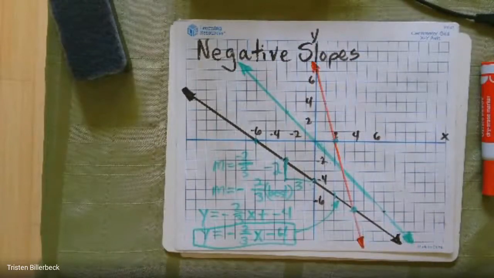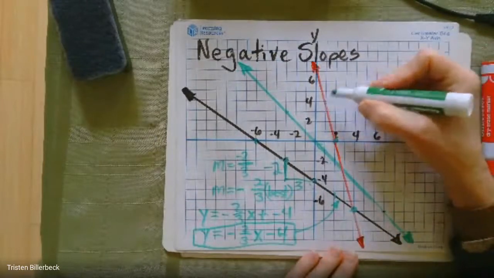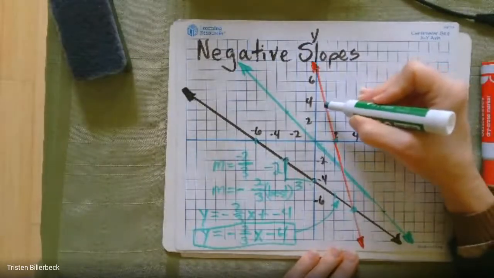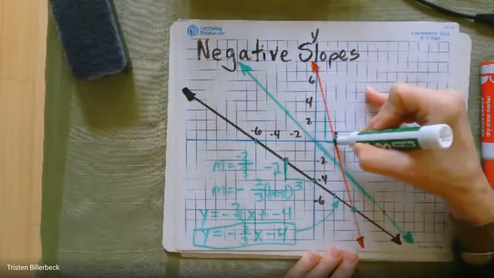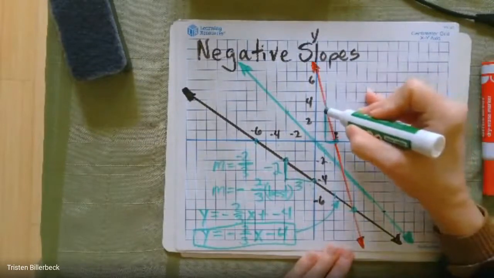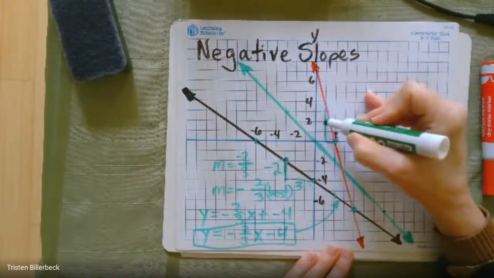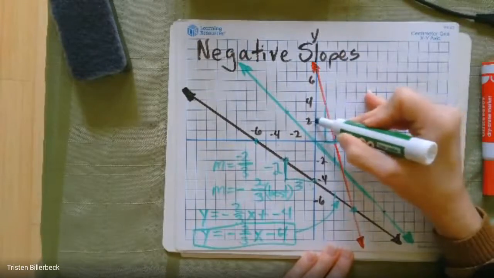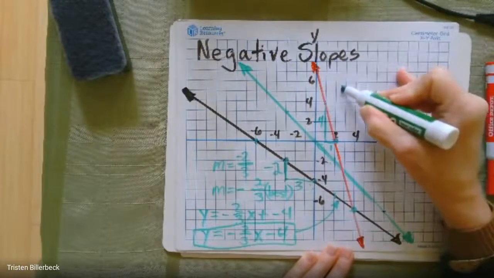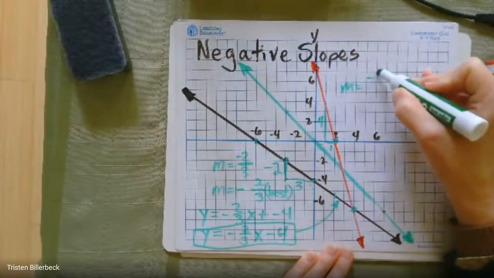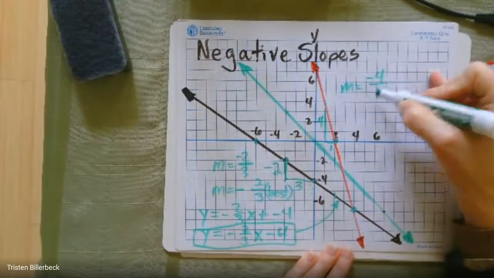All right, now let's look at the rise and the run here. So this one is rising and running right here. So it rises 1, 2, 1, 2, 3, 4. So -4 and 1. So the slope here is -4 rise over 1.